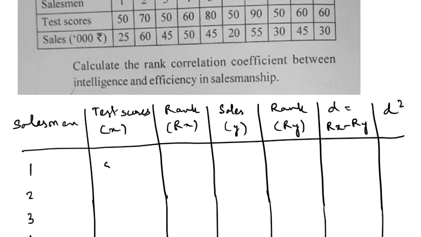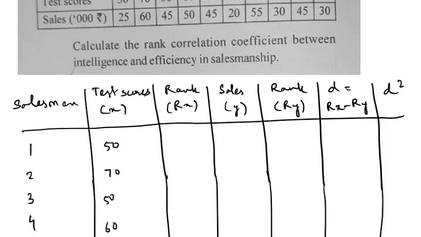Test scores, you have 50, 70, then 50, 60, 80, 50, 90, 50, 60 and 60. And for sales, you have 25, 60, 45, 50, 45, 20, 55, 30, 45 and 30.